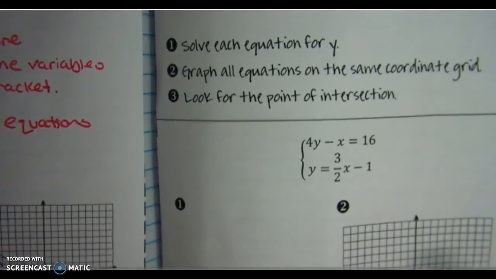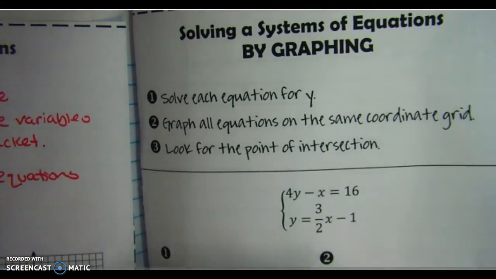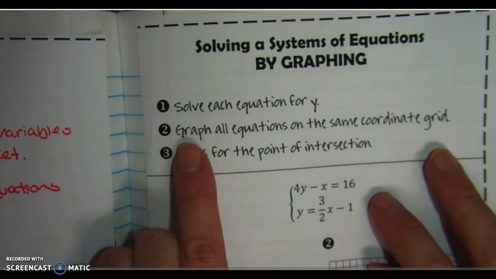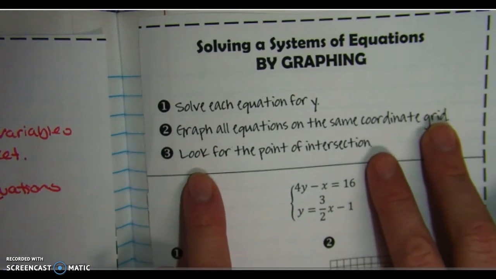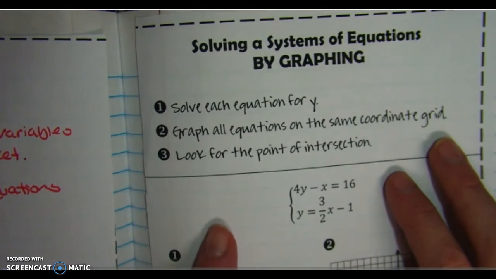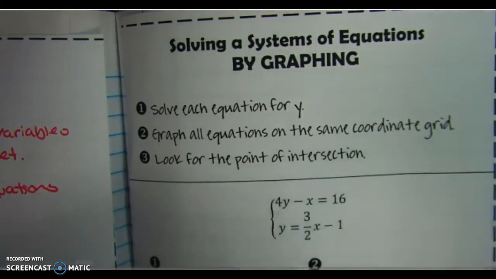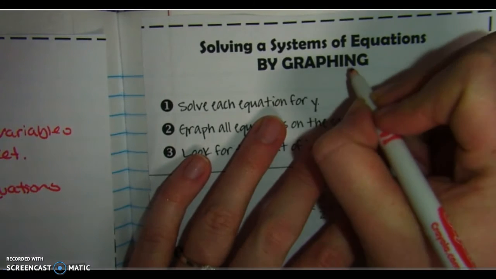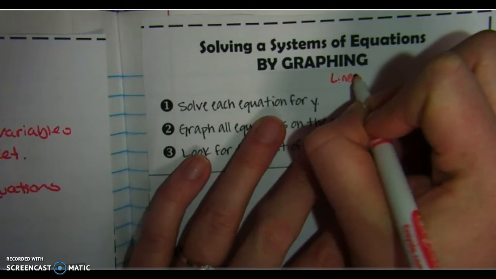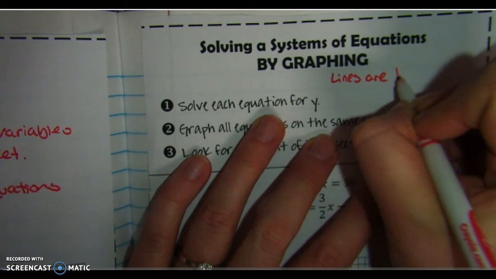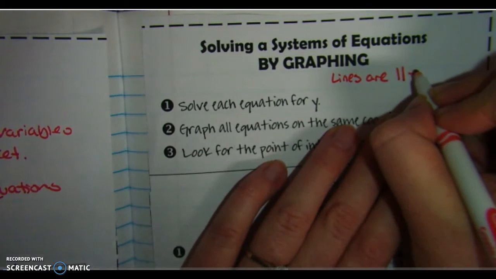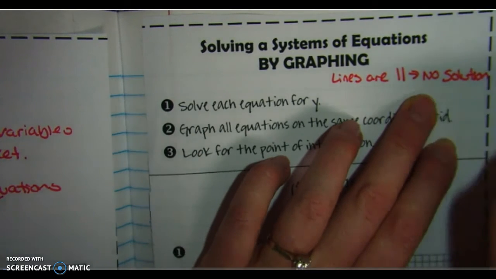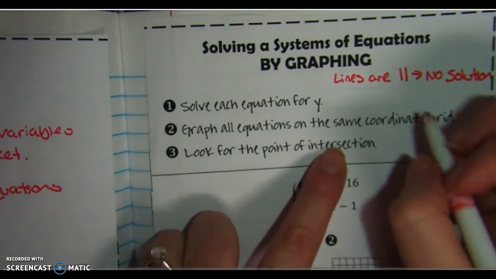All right, so here we're going to talk about solving by graphing. Solve each equation for y first. Graph all the equations on the same coordinate grid, so you don't want two separate ones because it's very hard to graph. And then look for the point of intersection. Some little notes: if the lines are parallel, there's going to be no solution, because there'd be no point of intersection.